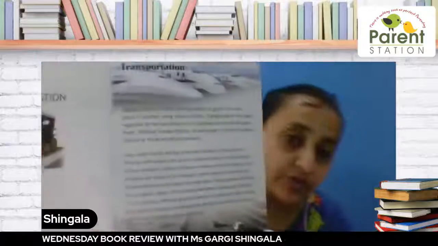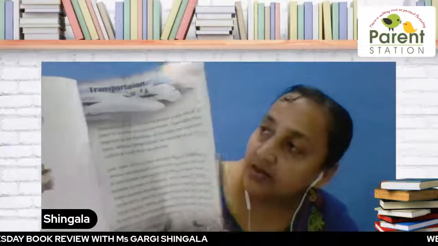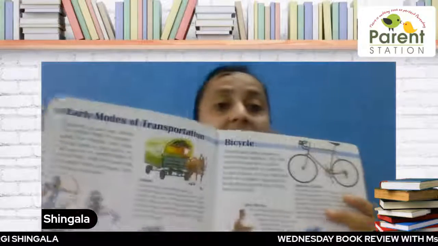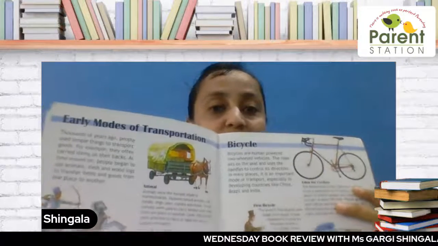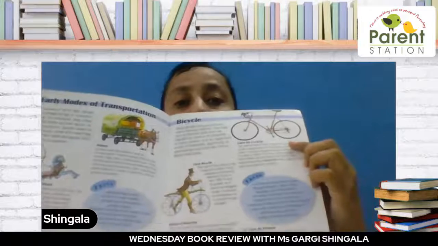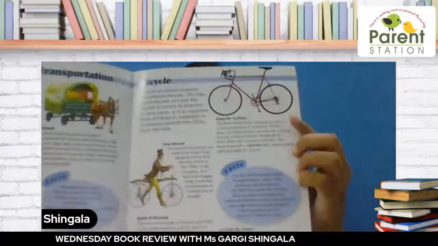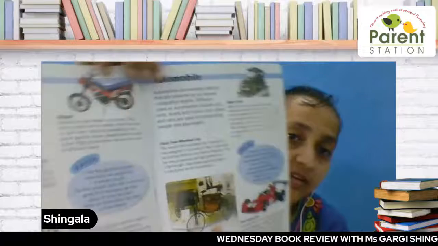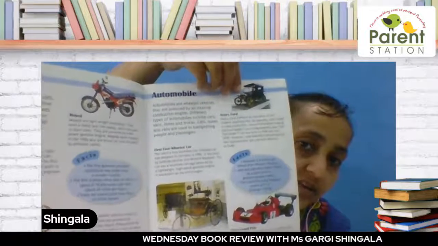What is transportation? Then again it says the early mode of transportation. So in the olden days, what were the modes of transportation? Then I think it will gradually come to, yes, after the invention of wheels, the different kinds of vehicles that we have got.